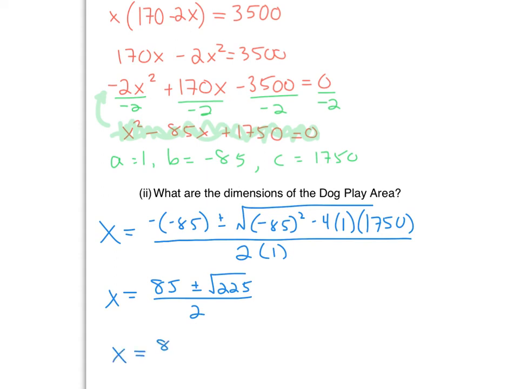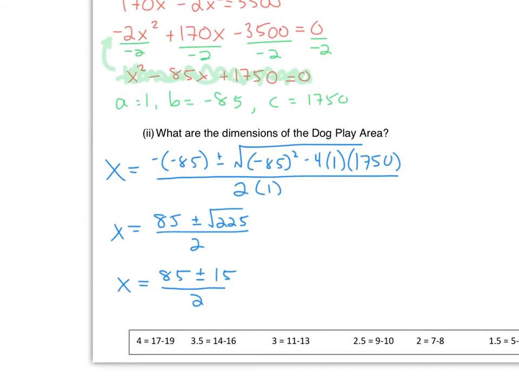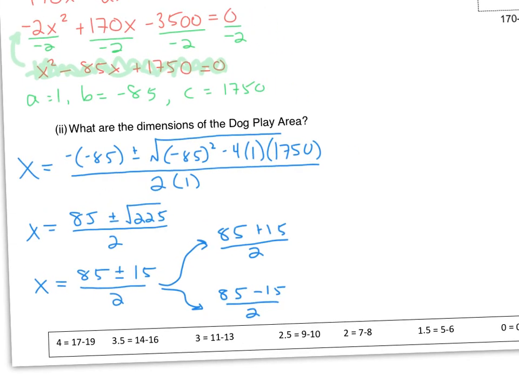X equals 85 plus or minus the square root of 225, which is 15, divided by 2. Now this one yields two possible solutions, and they're both going to be good looking initially. Let's check it out. We've got two options here. We've got 85 plus 15 divided by 2, and then we've got 85 minus 15 divided by 2.